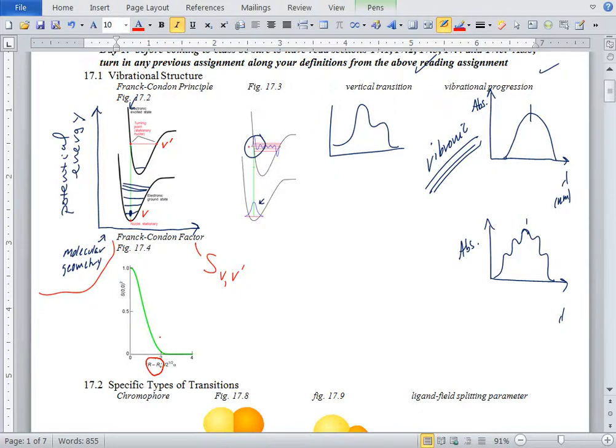The bond length. So R_E is probably the equilibrium bond length, right? And so when R is equal to R_E, then you get the maximum Franck-Condon factor, the maximum overlap. And that's pretty much what we've been saying. You go from the lowest to the low, wherever they match up the best.